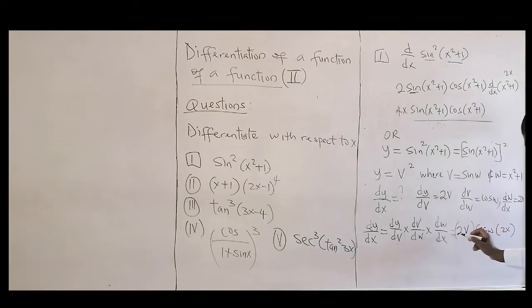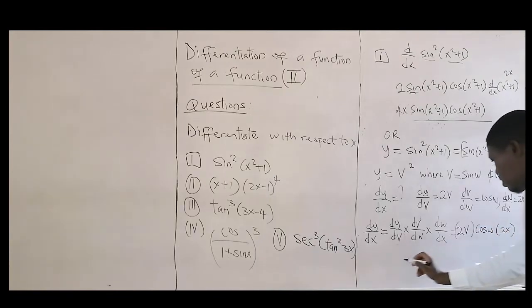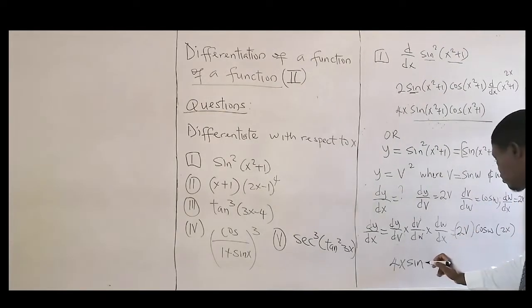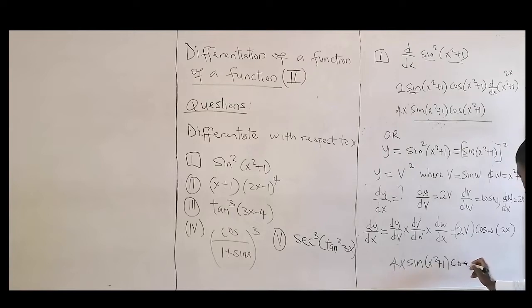So I can see these 2 times 2x, that's 4x. And my v is what? Sine. My w is what? Replace that w there, sine w. So w is x squared plus 1. And then cos w is cos of x squared plus 1.